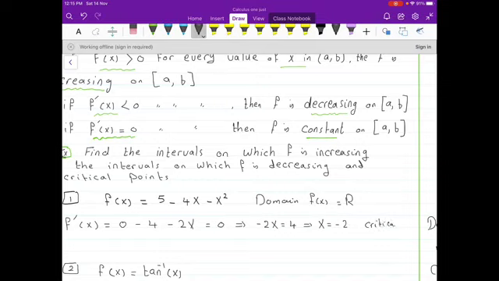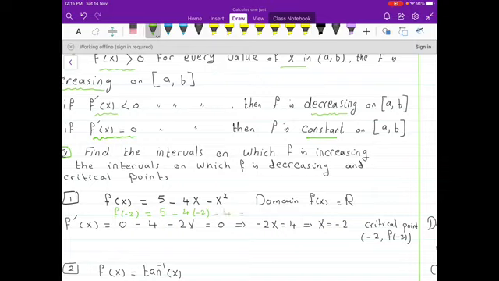The critical point. What is the critical point? Minus 2 and f of minus 2. I hope you can find f of minus 2. How do you find f of minus 2? You substitute x with minus 2: 5 minus 4 times minus 2 minus 4.